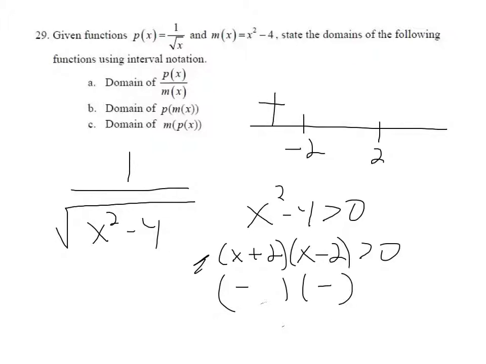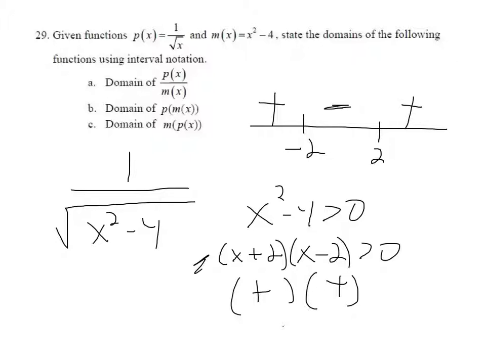If I try a number in the range between negative 2 and positive 2, like 0 is a good candidate, that would be a positive number times a negative number, which gives me a negative answer. So that would tell me it's below 0. Then if I pick a number to the right of positive 2, like 10, that would be a positive number times another positive number. So that gives me a positive number.